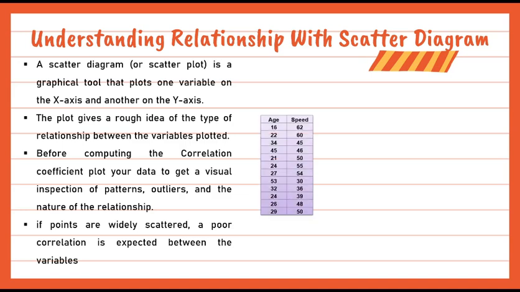So let us take an example and try to understand this. Here we have data about age and speed, meaning the age of the rider and the speed of the motorcycle. You must have seen that when you move around, many people ride two wheelers, and you must have also noticed that youngsters are in the habit of driving very fast, and they are often very scary.